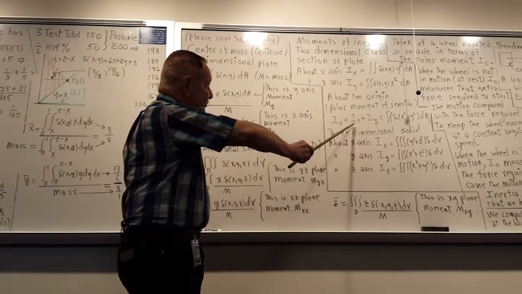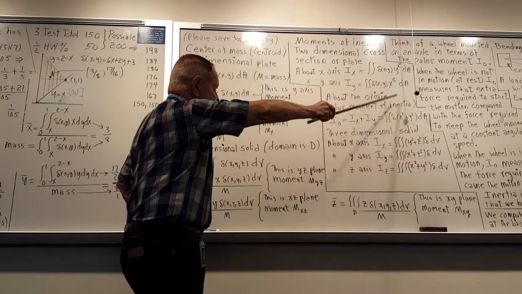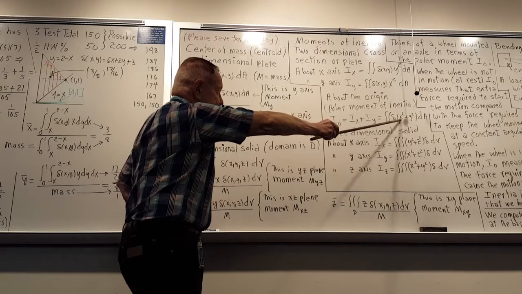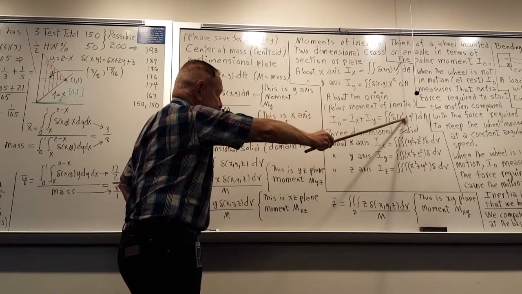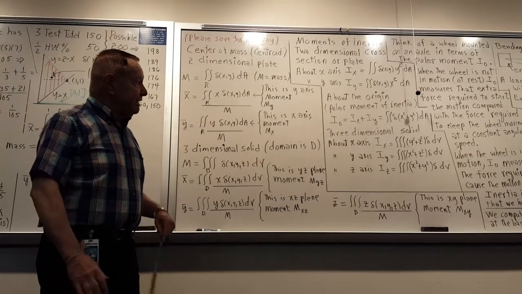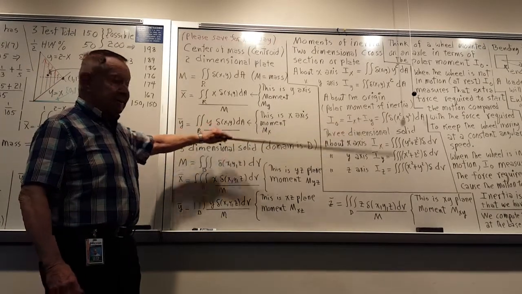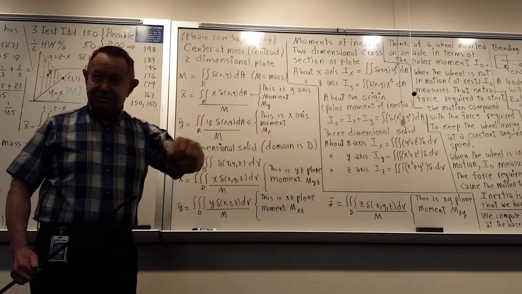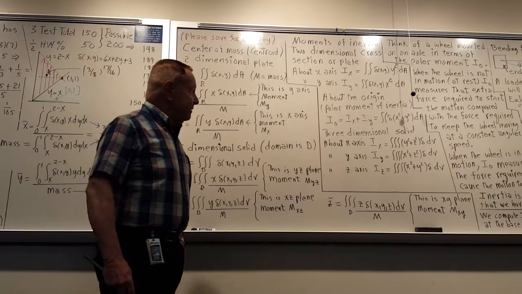So your polar moment of inertia is actually the sum of these two. It's the density times x squared plus y squared, which of course is r squared in polar coordinates. So commonly, if it's a polar moment problem, you would change to polar coordinates and do your integral that way.